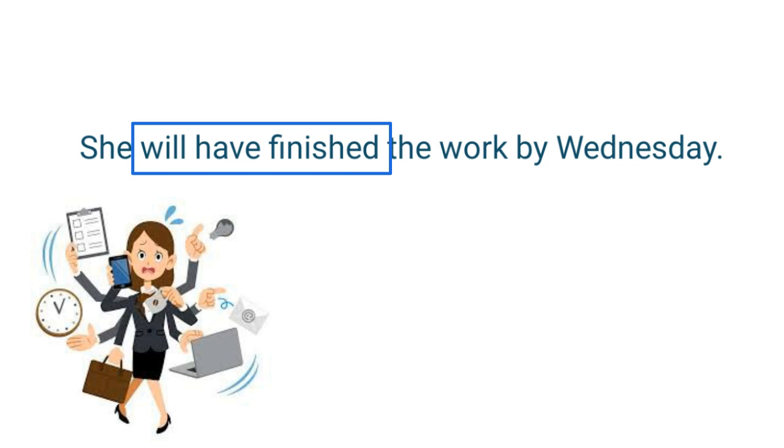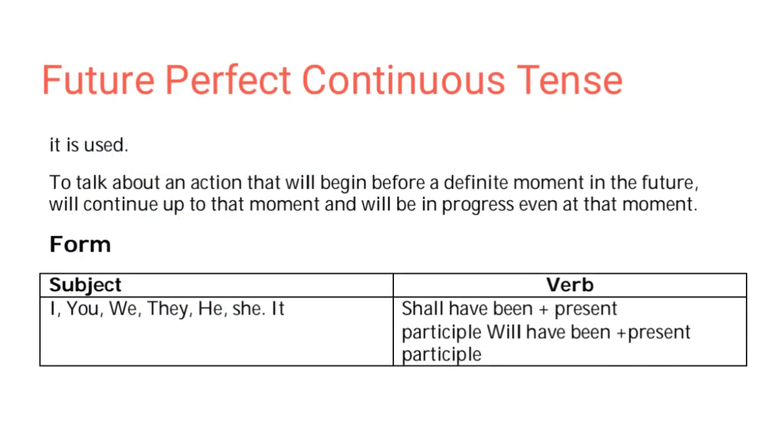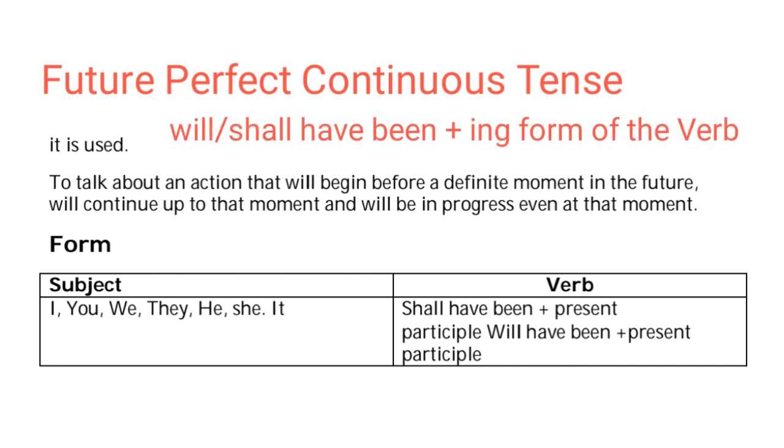And now we are moving to the last tense form, future perfect continuous tense. Its verb form is subject plus will or shall have been plus present participle, that means the ing form of the verb. It is used to talk about an action that will begin before a definite moment in the future, will continue up to that moment, and will be in progress even at that moment.